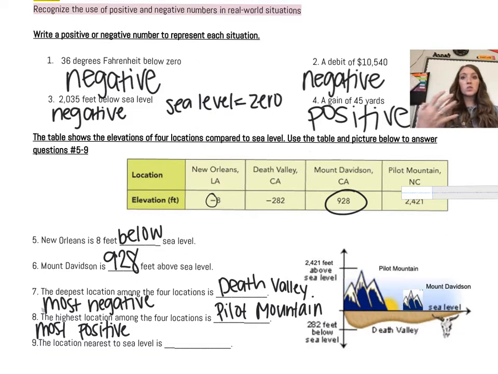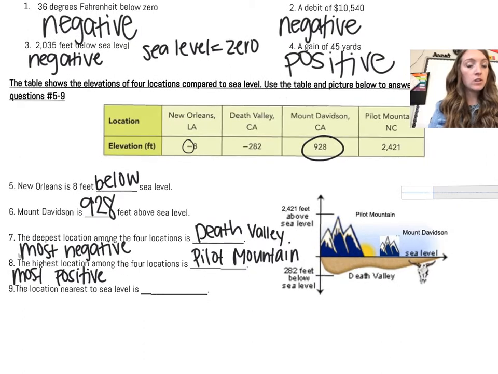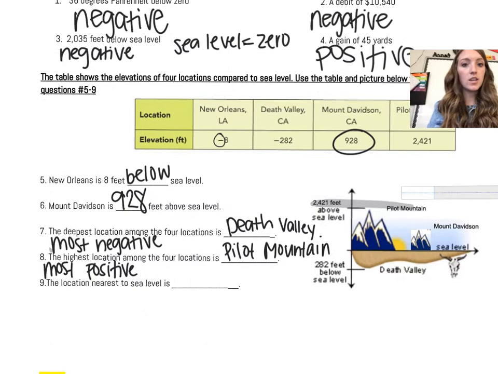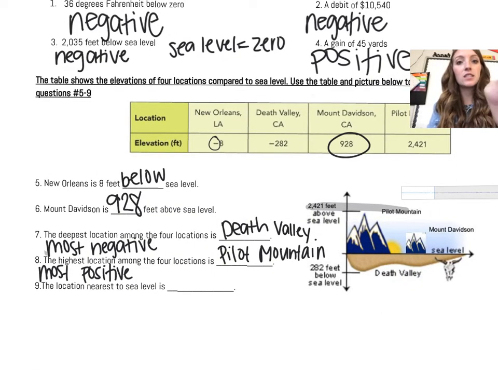Pilot Mountain is the most positive, or the highest location of our 4. And that visual there kind of helps us out below, that we can see Pilot Mountain is here at our highest point.